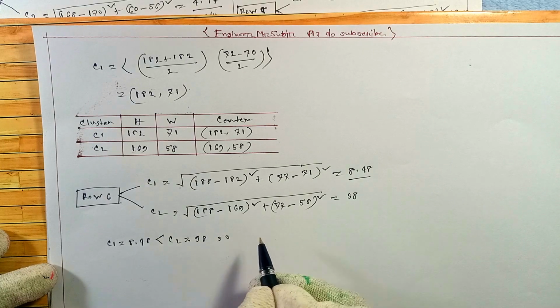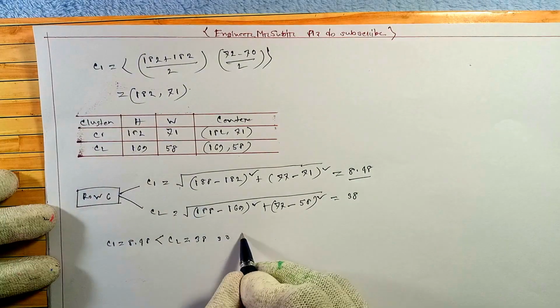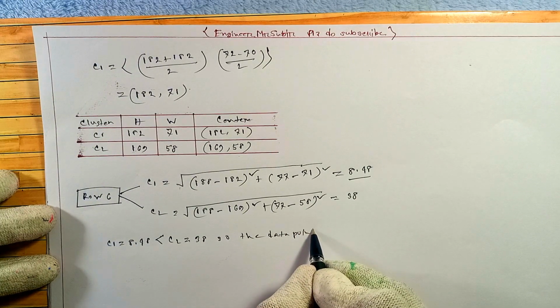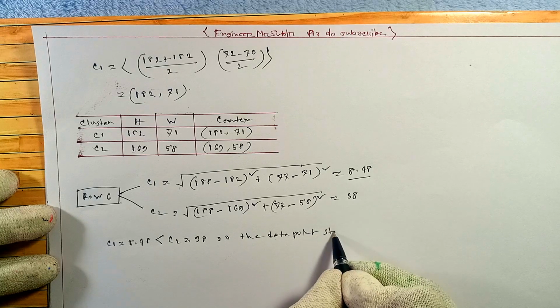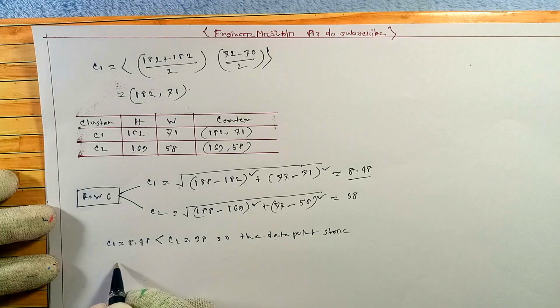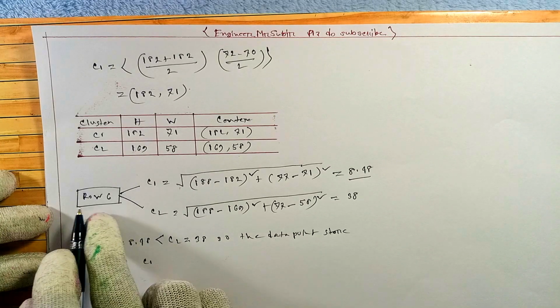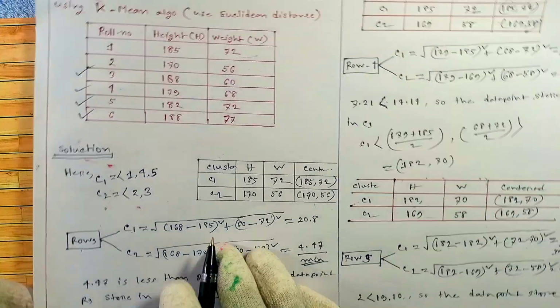So the data point is stored in C1. Row 6 will go to C1.